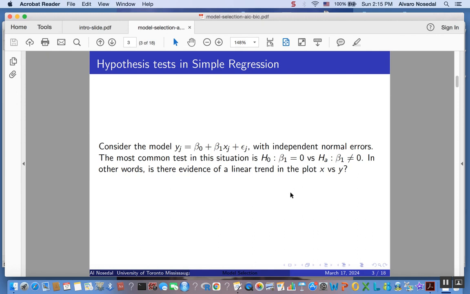So we would like to see whether or not we have reason to believe that the slope is different from 0. As we said on the slide, is there evidence that we have a linear trend, that there's a linear relationship between your predictor x and your response variable y?